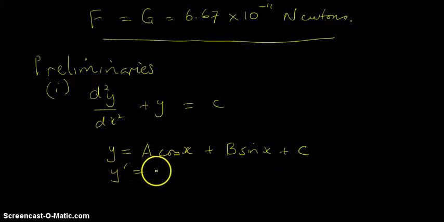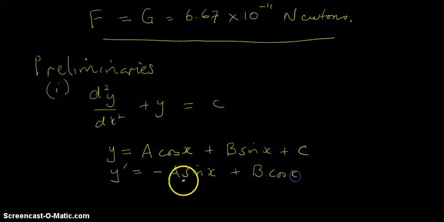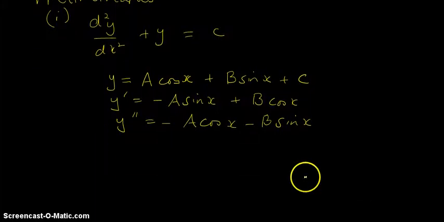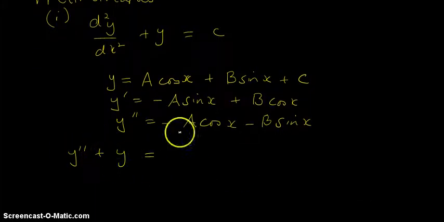If we take the first derivative, we just get minus a sine x plus b cos x, and then the second derivative, y double dash, is minus a cos x minus b sine x. And it's pretty easy to see that y double dash plus y, the sum of these components, they disappear, and we're left with c.